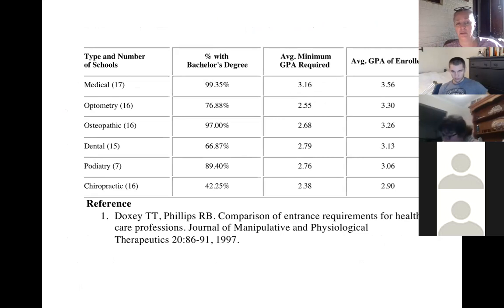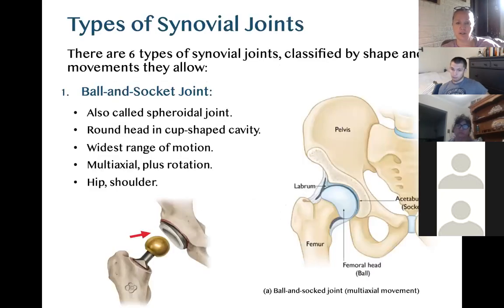But all these are probably a little bit higher now because everything is a little bit more competitive to get in. But chiropractic has the lowest GPA requirement to get in, and half of them don't even have a bachelor's degree before they get in. They probably do now, more so. And they are the highest defaulters on their student loans as well. Very expensive to go to a lot of these private chiropractic schools.